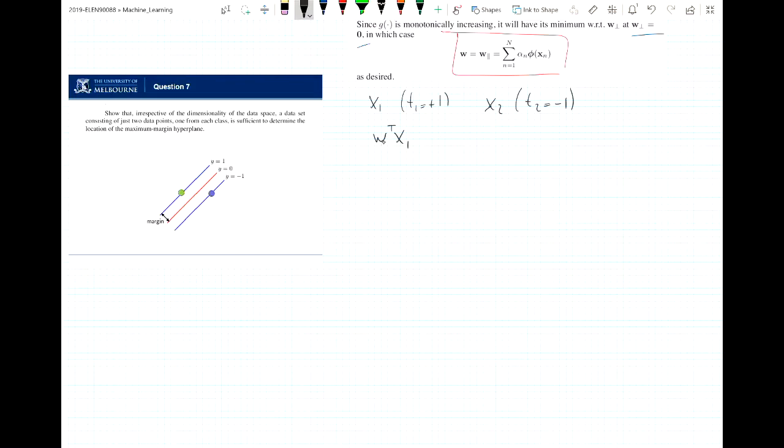So w transpose x1 plus b will be +1. These are the closest points, right? Because they are the closest points, we have decided to make their magnitude 1 while scaling. And w transpose x2 plus b equals -1. The other one is -1. And when you multiply with the labels, both of them will be positive.